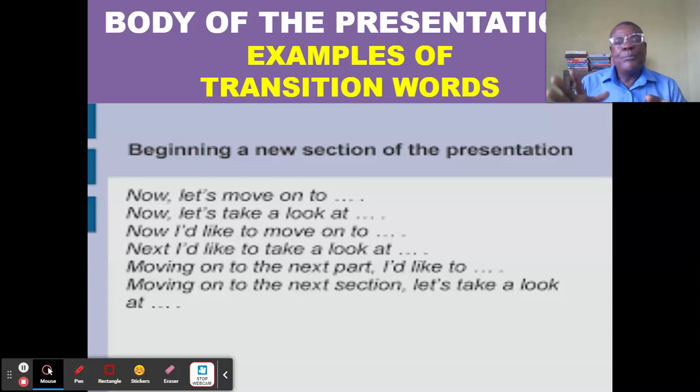So don't copy other people's ways of presenting, but be down to earth and come up with your own unique expressions where necessary. Of course, you can use any of these transition words. They are all commonly used by presenters, okay?